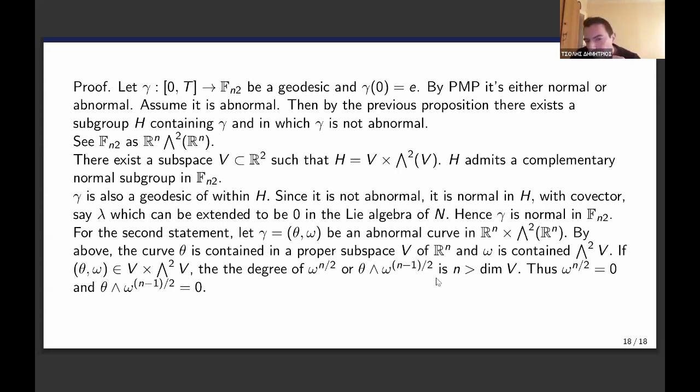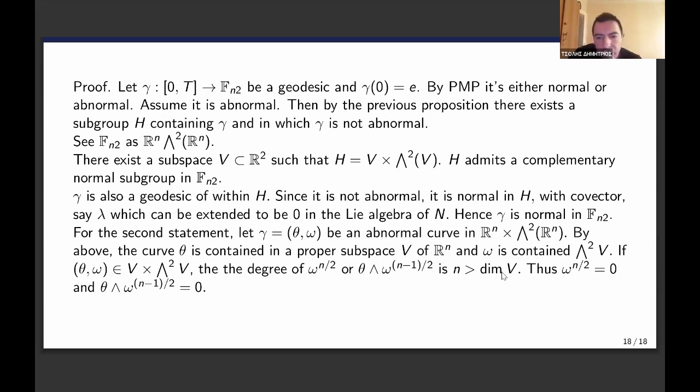Well, why? Well, the reason is because think of it. So since this is a space of forms, we have that lambda annihilates the Lie algebra, annihilates the entire group.